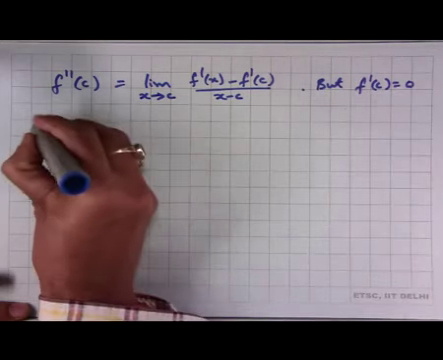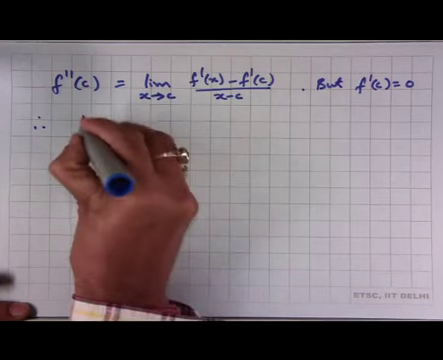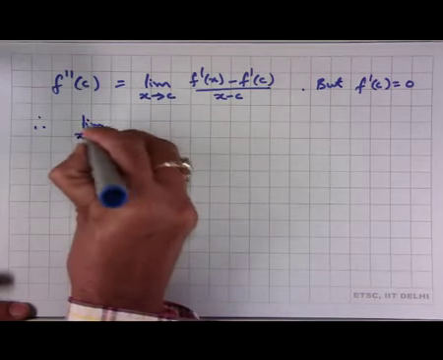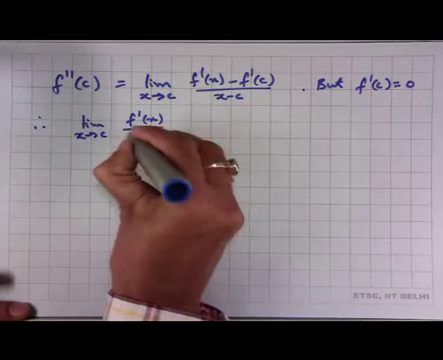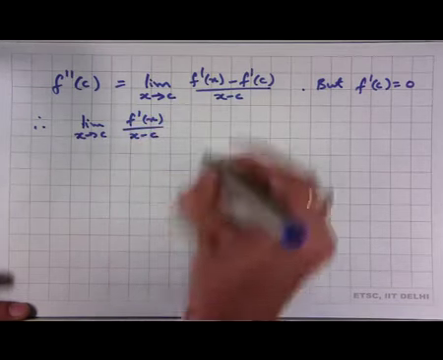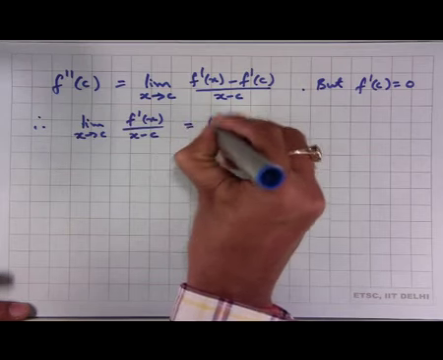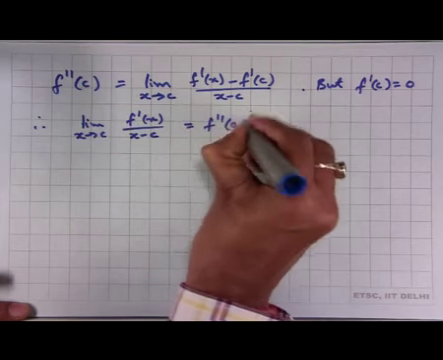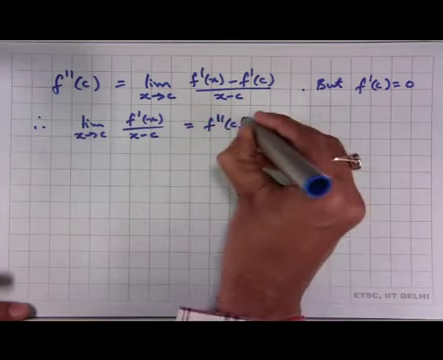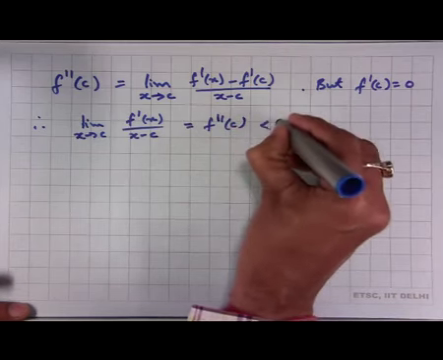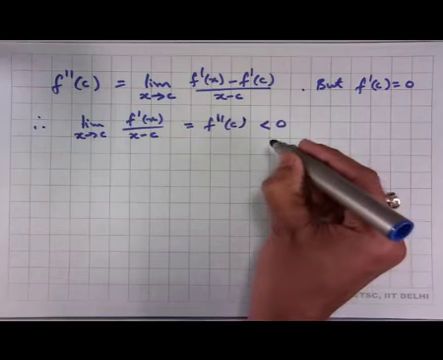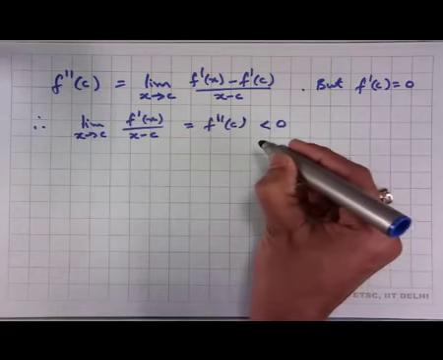So, the limit as x going to c of f prime x divided by x minus c is equal to f double prime c, and this is given to be negative.